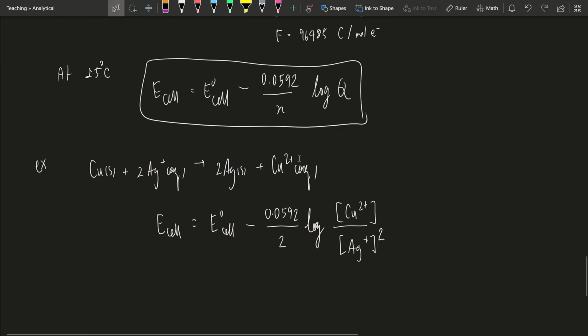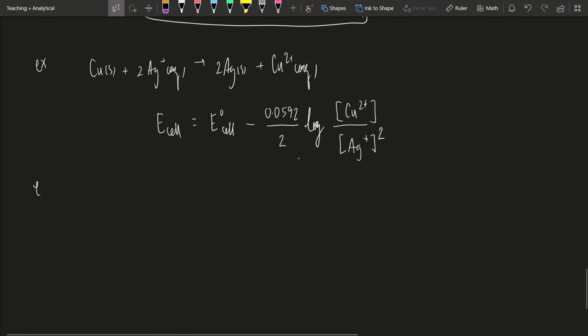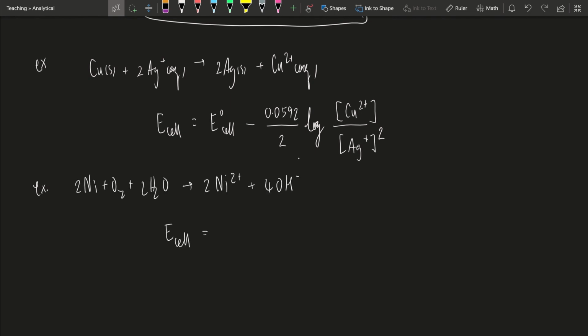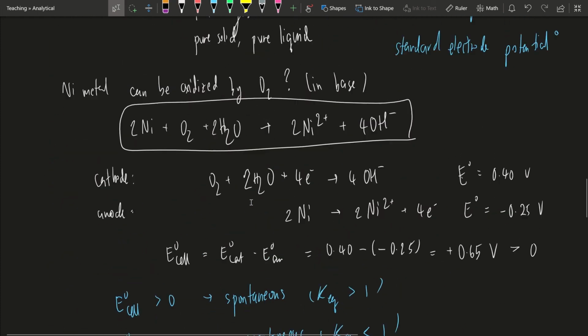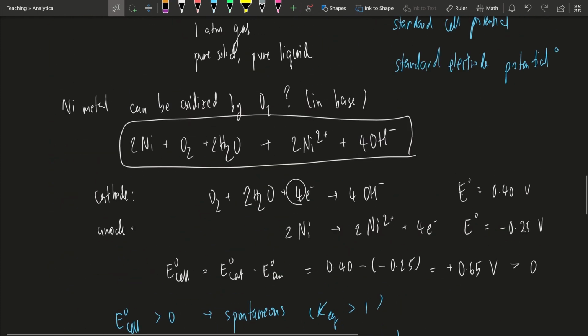What about the nickel and oxygen reaction? We can write the reaction again. The Nernst equation is going to be cell potential equal to standard cell potential minus 0.0592 over n, which we can go back to here. So you can see 4 is the number of electrons transferred.